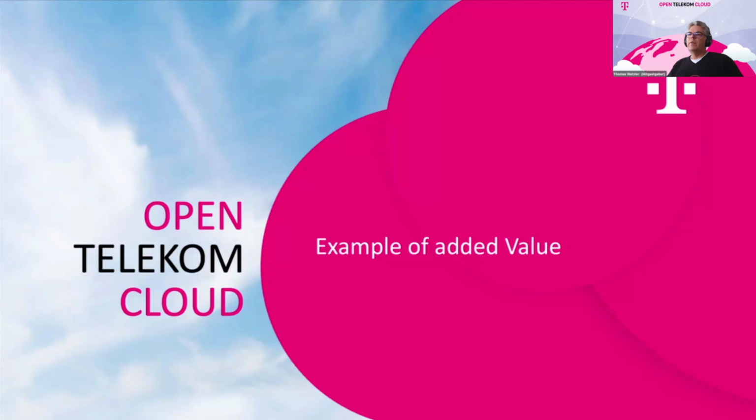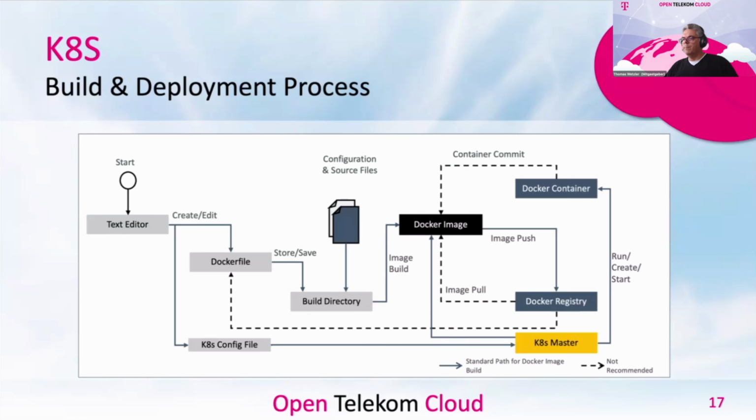So I picked one of these differences as an example of the added value. This is how to deploy an application. This here is the typical way you deploy a microservice in Kubernetes. As you see, it's quite complicated. You're building a Dockerfile, so you have a build process, then you have your Docker image.